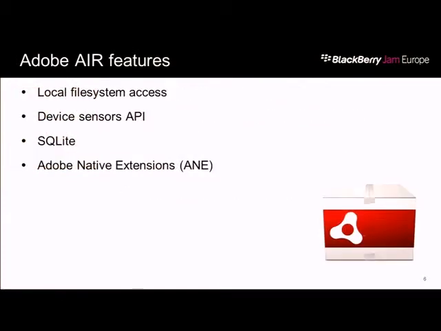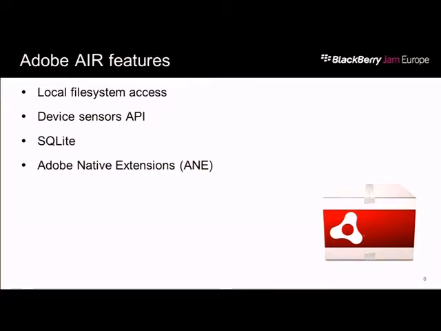Some of the core features of Adobe AIR help us to make a transparent port over different platforms. We have access to local file storage. We can write and read contents on the file system. Also, on our mobile devices, we can access sensors, such as GPS, temperature, why not?